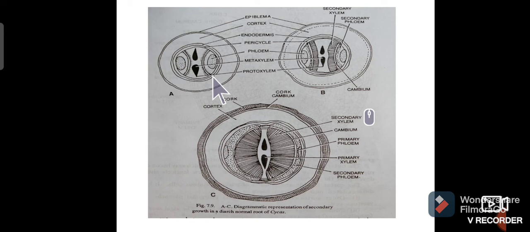When they start behaving as cambium strips, they will join the crescent shaped cambium.